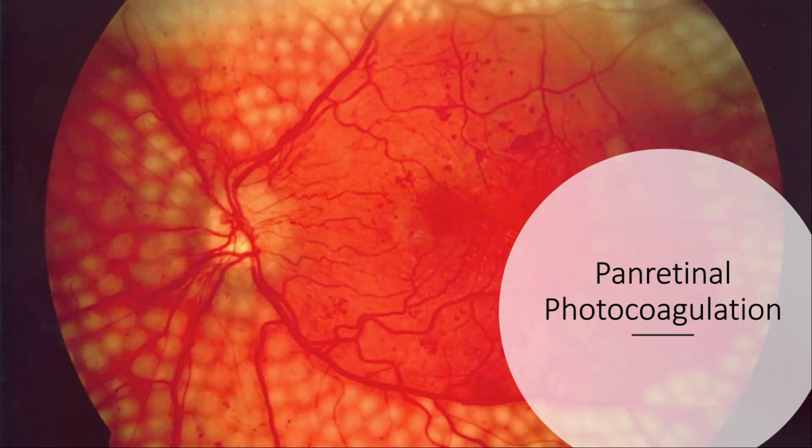The goal of panretinal photocoagulation, which is the laser treatment, is that where all of those white spots are, they're going in and burning the retinal tissue to basically kill the retinal tissue. They're killing it so that they can save the central part of the retina, which is where most of your vision occurs.